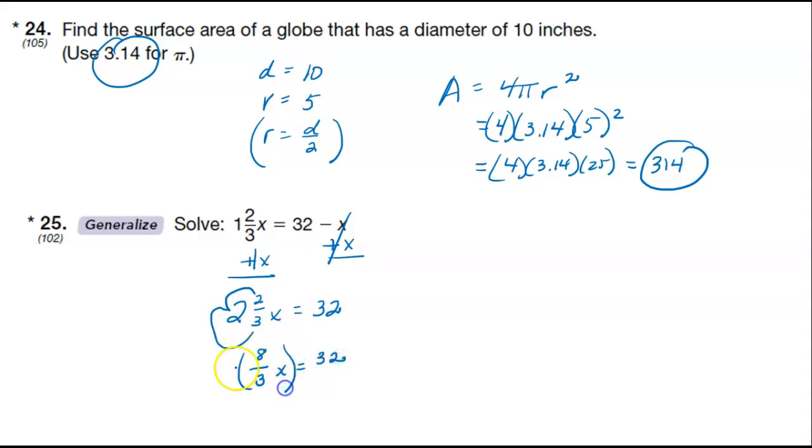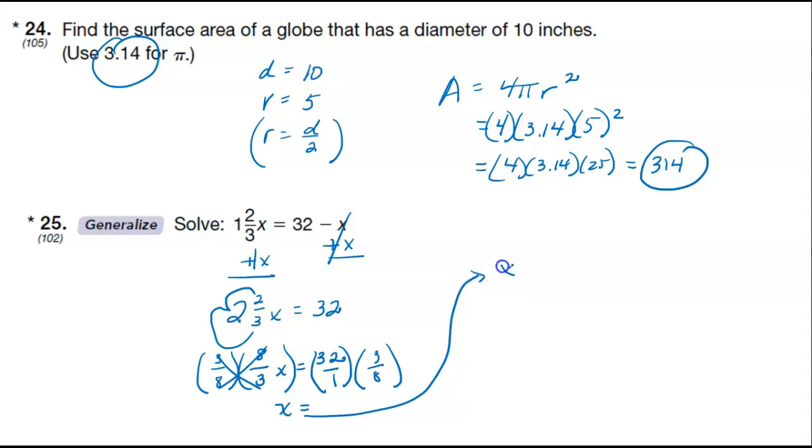Then I'm going to multiply by the reciprocal. So this goes away. X is equal to 32 times 3 over 1 times 8, which is 12.